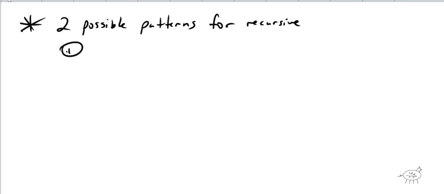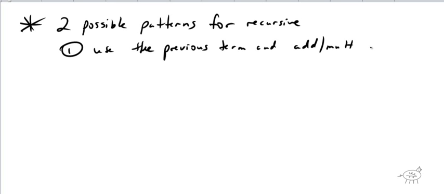The first pattern is use the previous term and add or multiply by a constant. That's usually one of the patterns. And that's actually my first example that I did for recursive.